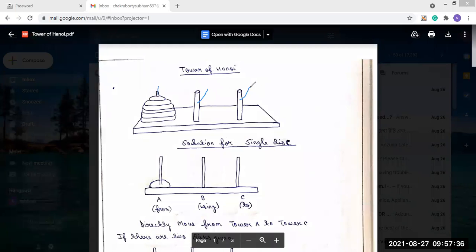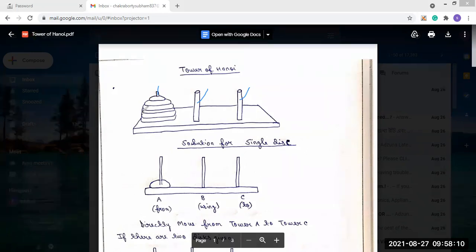Among these three towers, one of the towers contains a stack of disks. The disks are arranged there one by one. So the stack of disks, you see, this is a disk, this is a disk, then this is a disk, then this is a disk. Like this, a stack of disks is present in a tower.